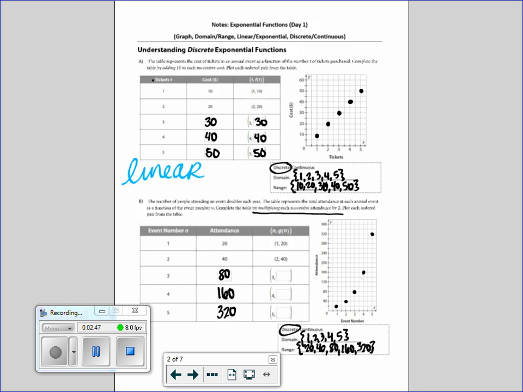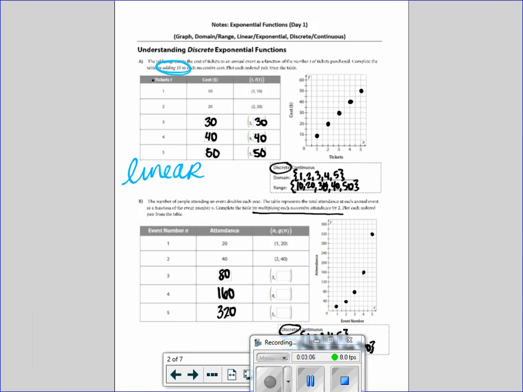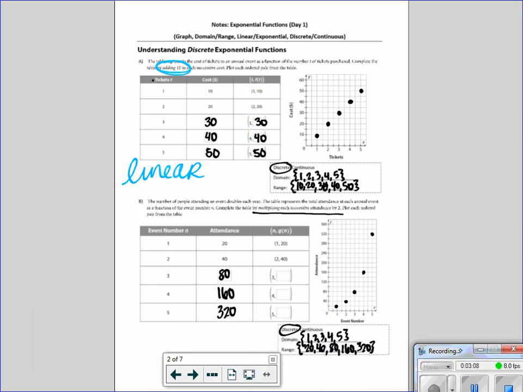What makes it linear? The straight line, but what about the numbers makes it linear? It's constant. Constant of what? It's adding. That adding is making it linear. Now, we said this bottom one was curvy. What's the technical word we've been using for curvy?